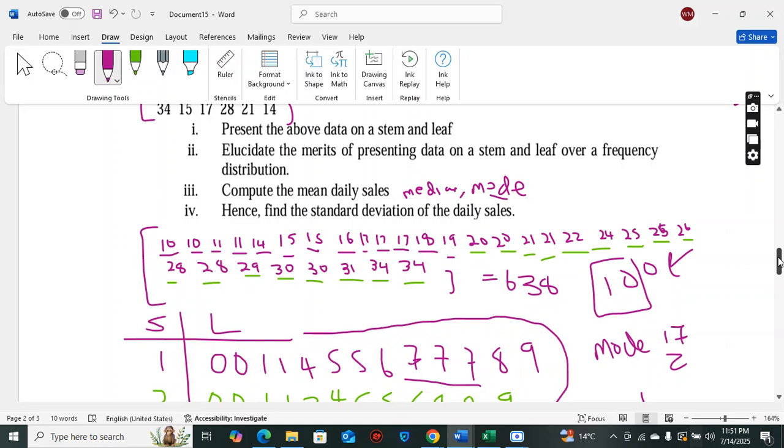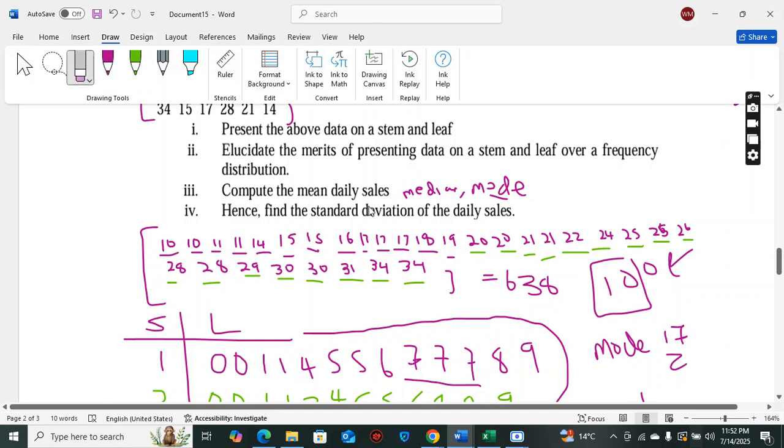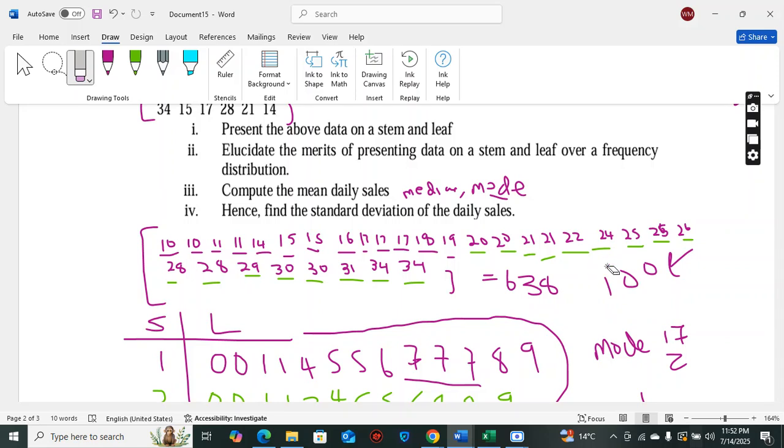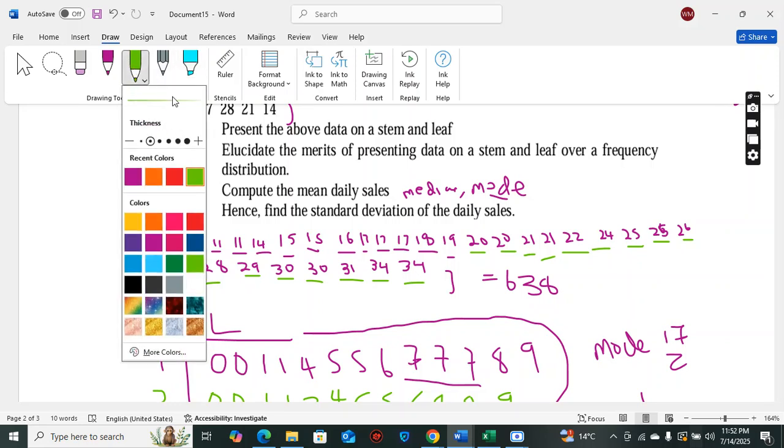Colleagues, which way do we prefer? The formula, or the other way, where you start crossing out from both ends until you reach the middle. So let's use the formula.